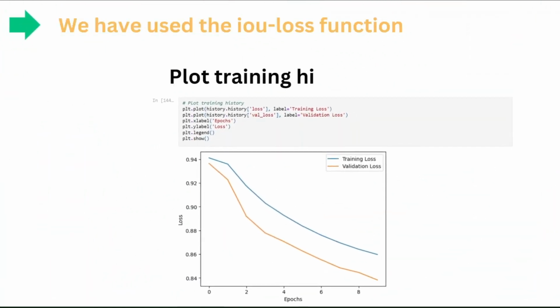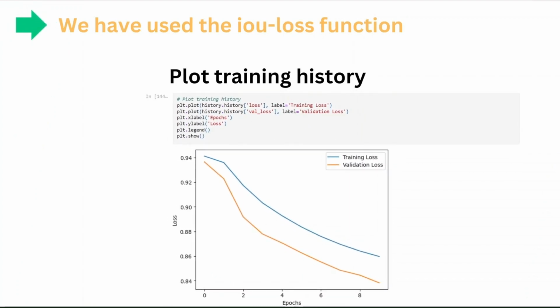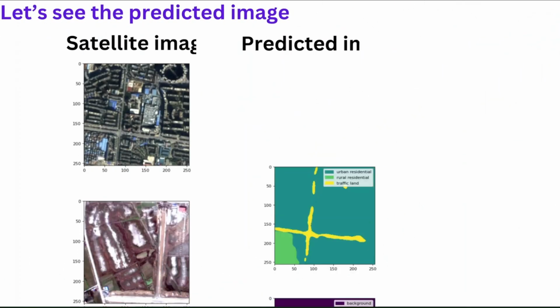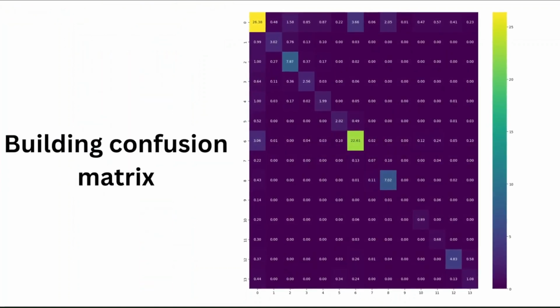We have used the IOU loss function, which is known as intersection over union, which is commonly used in image segmentation tasks, especially in situations where objects of interest have irregular shapes and there is a need to measure the overlap between predicted regions and ground truth regions accurately. On the left side we see the images from our dataset and after processing we see the predicted images on the right side.